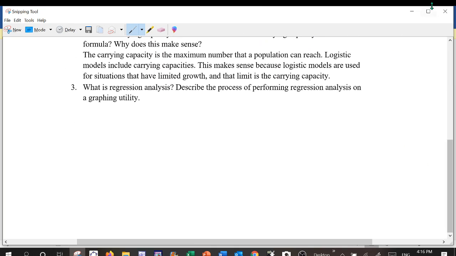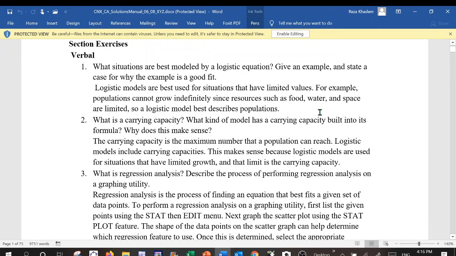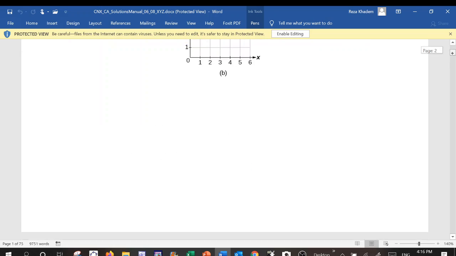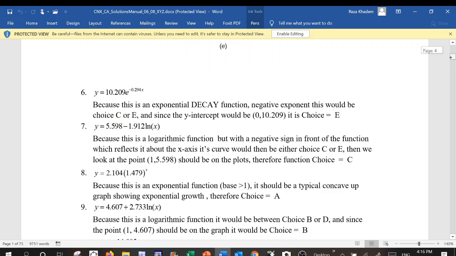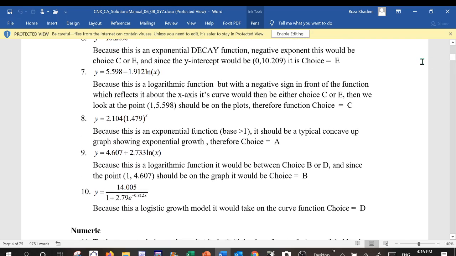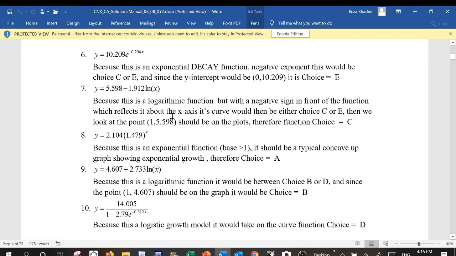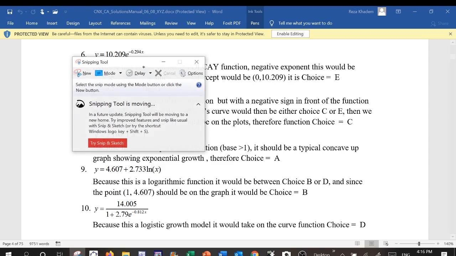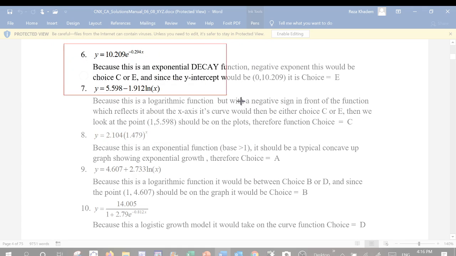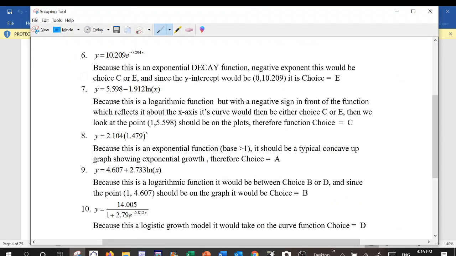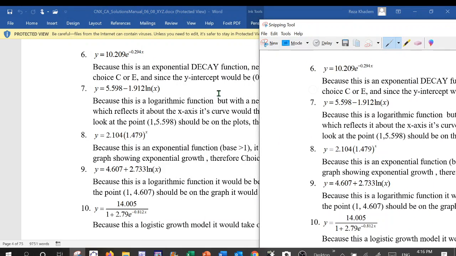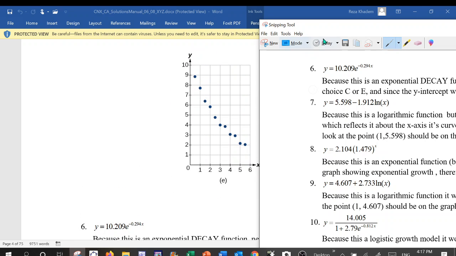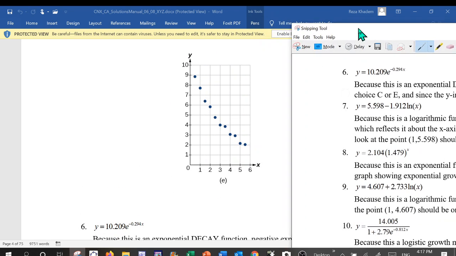Well, let's do some examples. The first one I want to do here is numbers 6 to 10. I'm going to get these, keep them on the side, and then look at the graphs we are given here and see which one matches which of these, right?